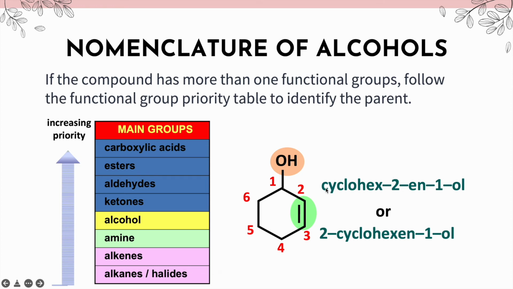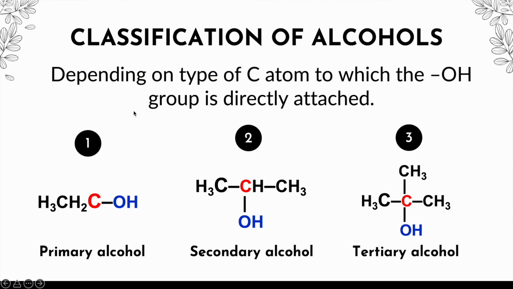So the name of this compound is cyclohex-2-en-1-ol. Or you can also name it as 2-cyclohexen-1-ol. The 2 is for the carbon-carbon double bond, cyclohexene, and the 1 is for the OH at carbon number 1. So both names are accepted.